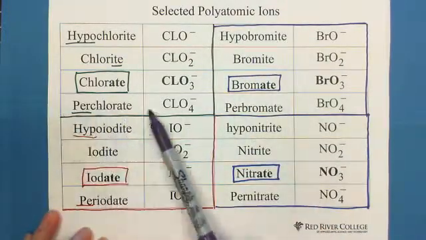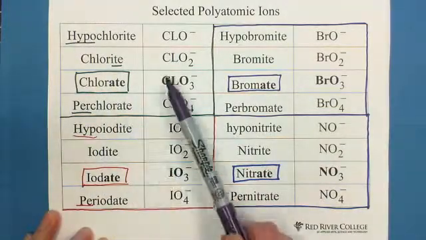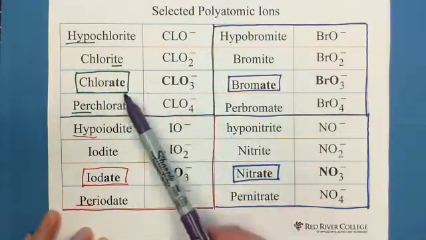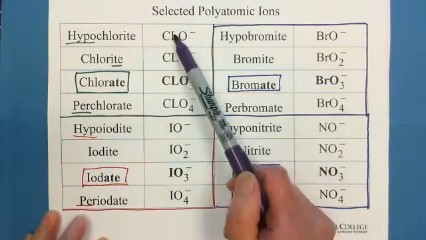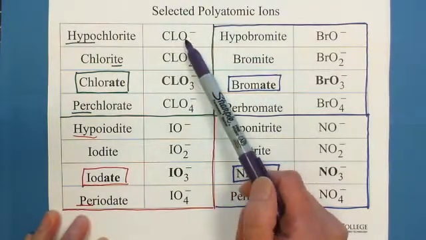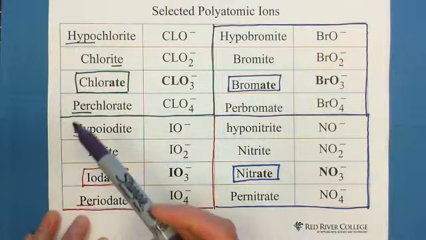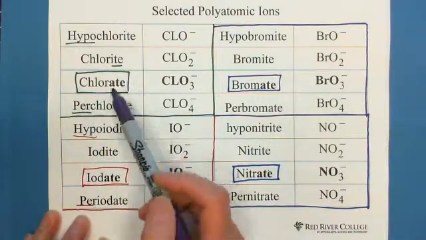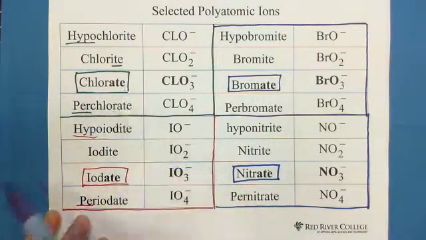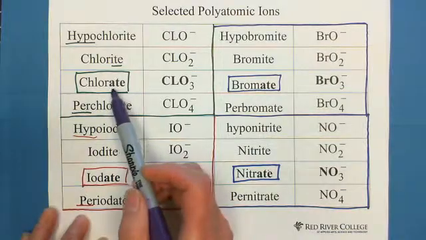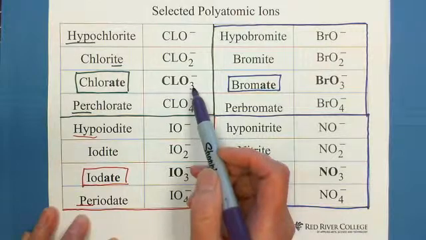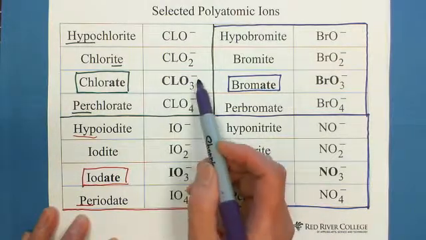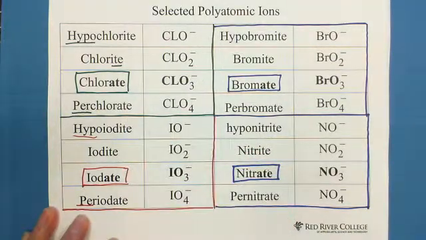The first block is ClO3, ClO2, ClO, ClO4, all with chlorine and oxygen. The one in the box is chlorate. We focus on chlorate, which is ClO3. The ClO3 total charge is negative 1.